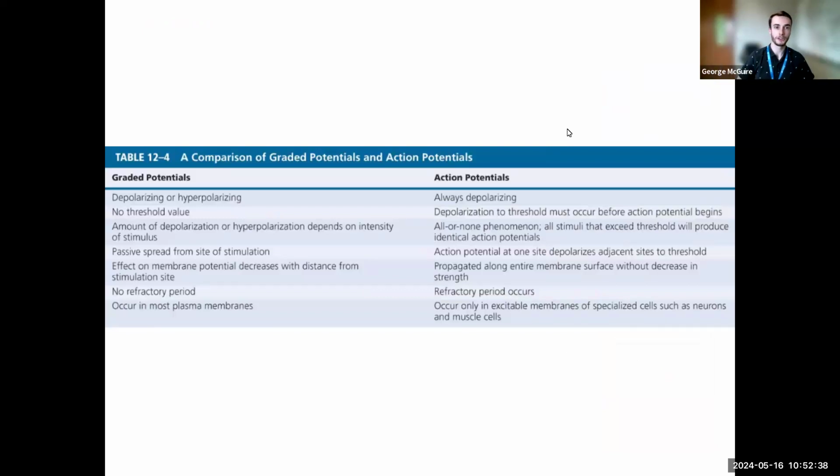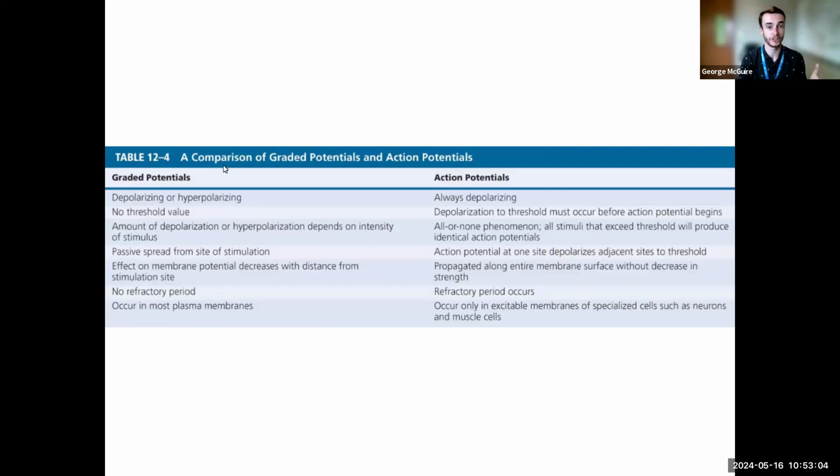So there's a few other specific differences between graded potentials and action potentials besides just where they're occurring, right? So graded potentials depolarize to threshold, which is going to cause an action potential. Graded potentials happen at the axon hillock. Action potentials occur down the neuron. But some other important differences are that graded potentials could be either depolarizing or hyperpolarizing, right?